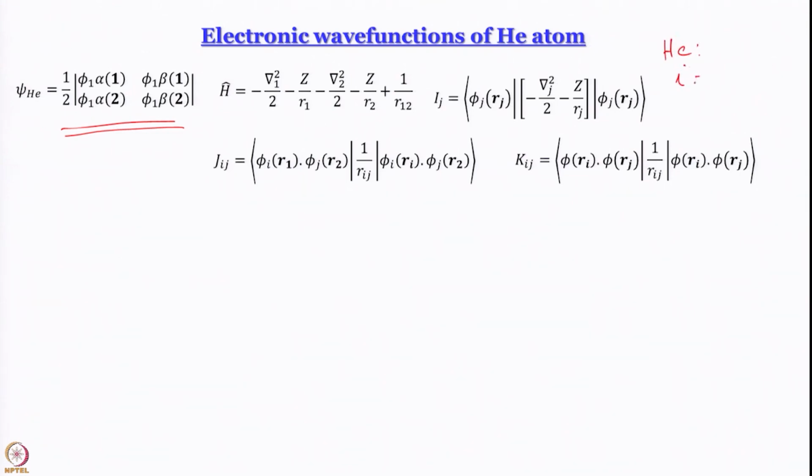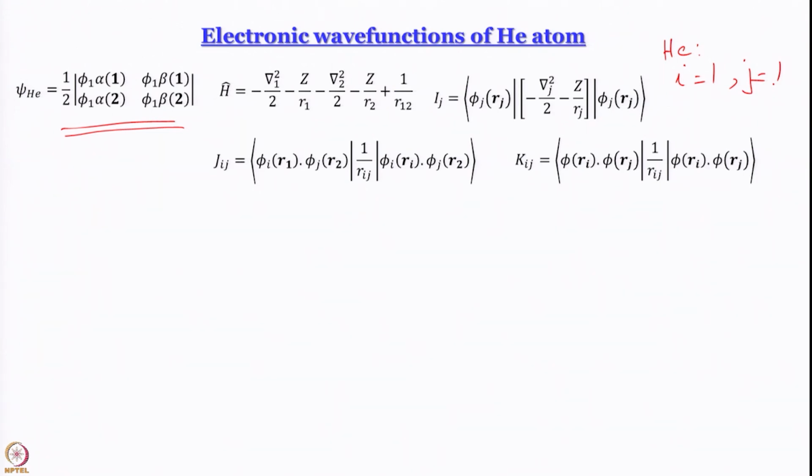i is equal to 1, j also equal to 1, because in the ground state the only orbital that is involved is 1s. See, I am not writing 1s because by now we know that 1s is not going to remain 1s. When we do SCF calculations, we are going to get something that we arrive at starting from 1s, perhaps it will have similar features like 1s, but it is not going to be exactly 1s.